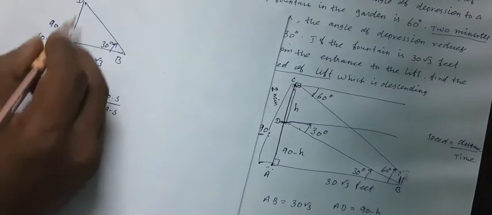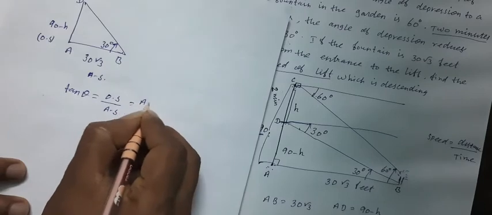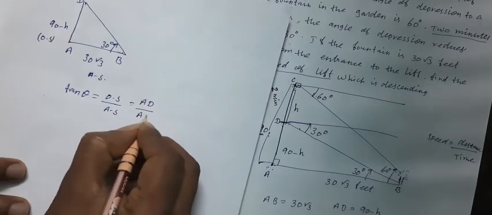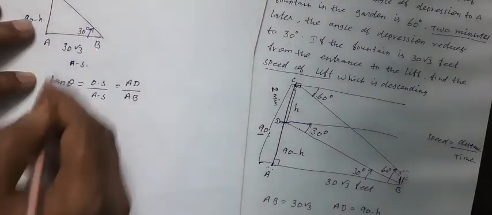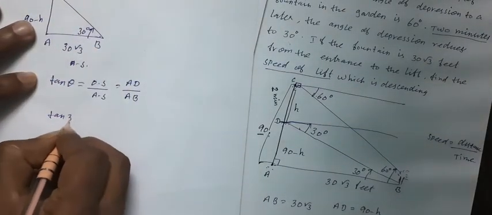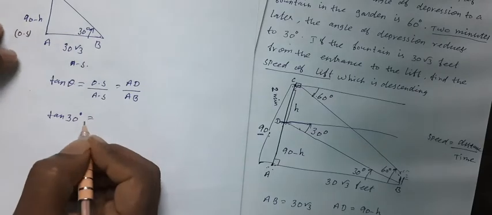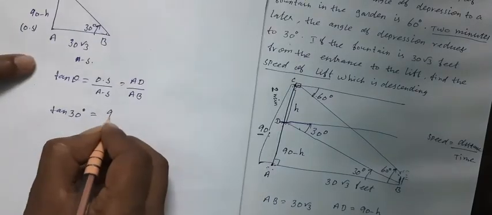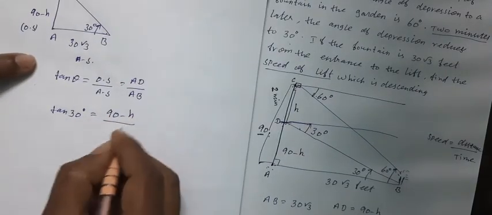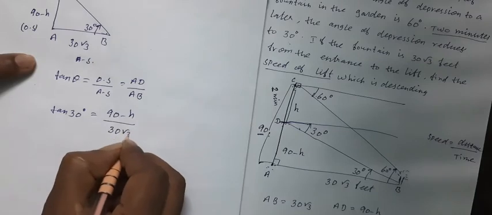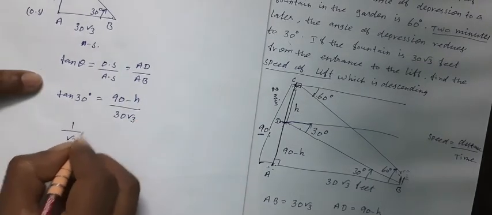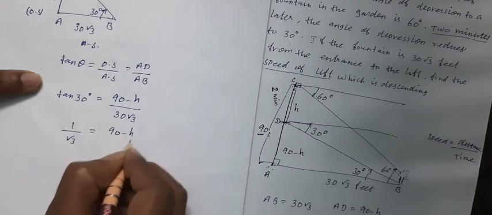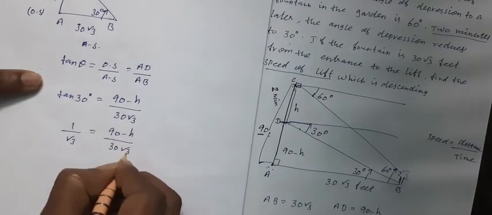Here opposite side is AD, adjacent side is AB. Now here theta is 30. So tan 30 degrees equal to opposite side AD 90 minus H by AB is 30 root 3. So tan 30 is 1 by root 3 is equal to 90 minus H by 30 root 3.